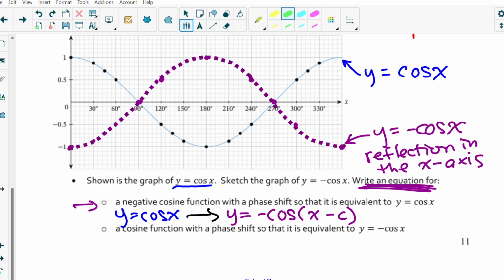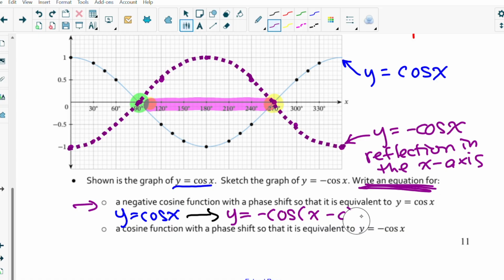So let's take a look at this. If I'm looking at this point, if I take this point in yellow, how far apart is this? Well, that's 180 degrees. So they're 180 degrees out of phase. So just like in the sine example, the previous one, it's either positive 180 degrees or negative 180 degrees out of phase.